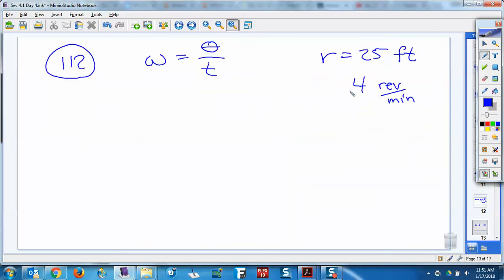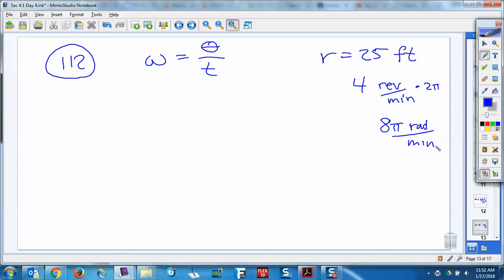So 4 revolutions per minute is going to be 8 pi, what are the units now? 8 pi radians per minute, thank you. That's the reason I like writing RPMs out, because R could be revolutions or radians. But it's 8 pi radians per minute.